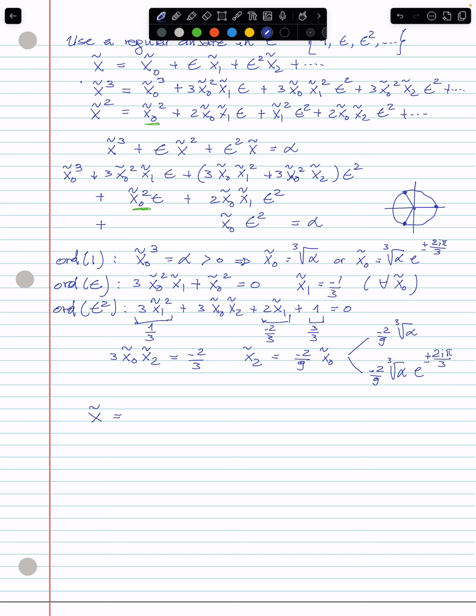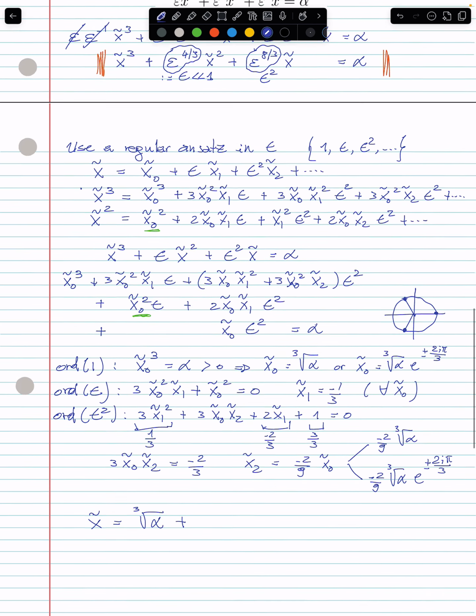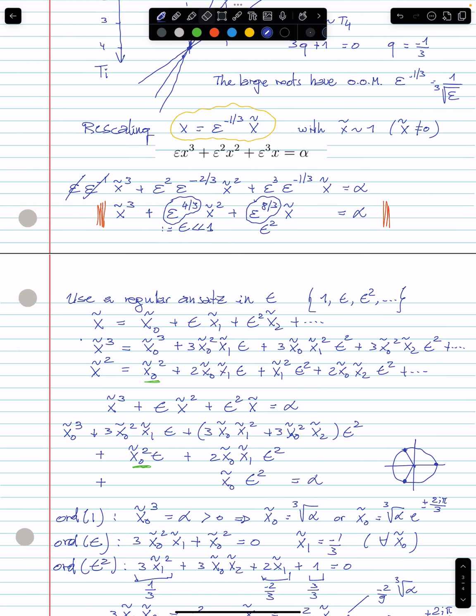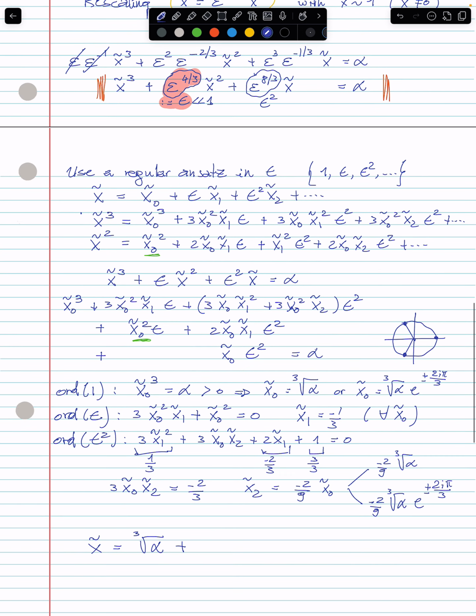This is x0. So in the first case, cubic root of alpha plus this new epsilon. I should be careful here. This new epsilon, which we defined over there. I'm gonna get rid of this new epsilon and come back to the previous epsilon, the one that was going in the statement. So if we come back now to the regular ansatz, we have x0 tilde plus this new epsilon times x1 tilde.